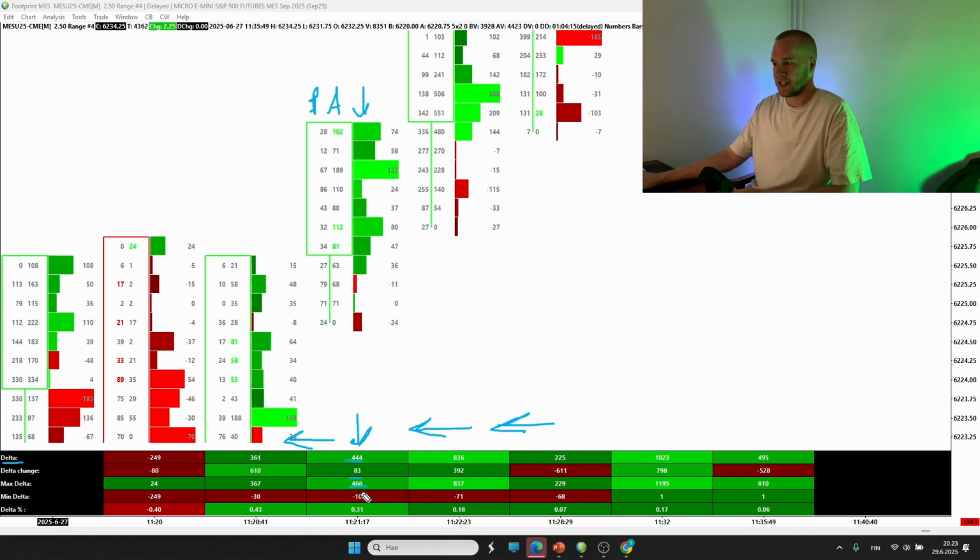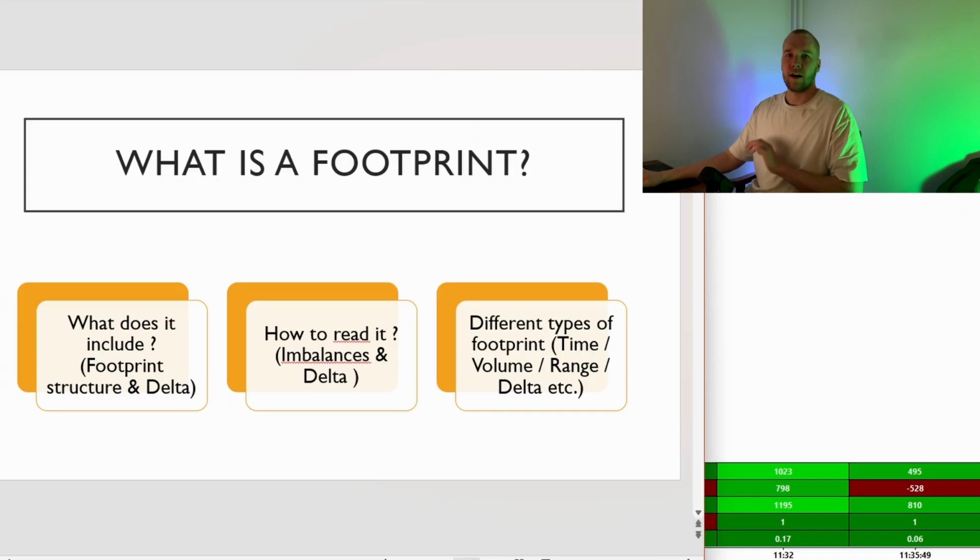Then we have the max and the min delta, showing us the strength of each individual side on each footprint. And then we have the delta percentage, which is the percentage of that delta from the total volume. Now, I hope you're not too confused by now.